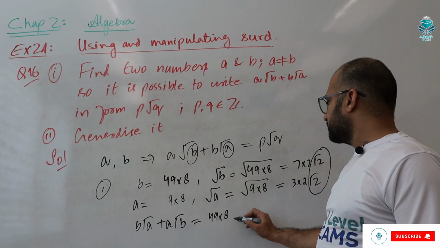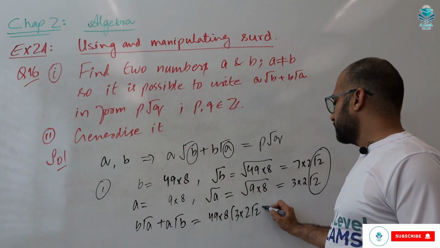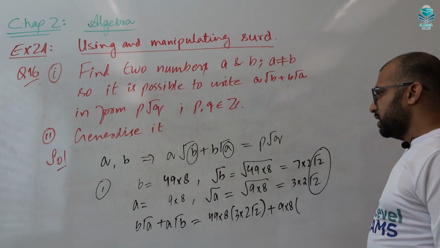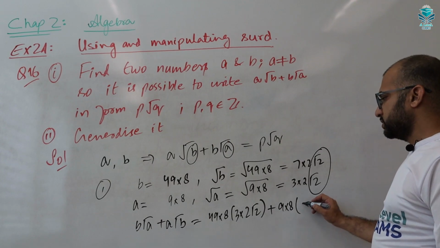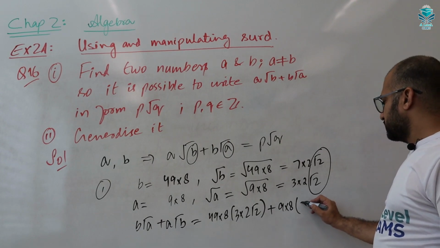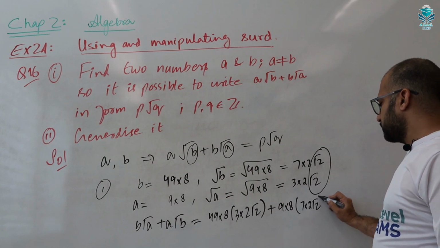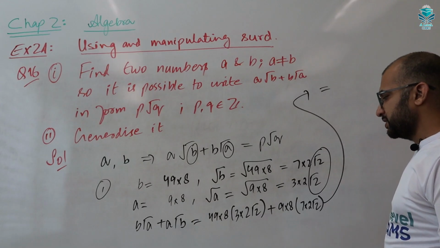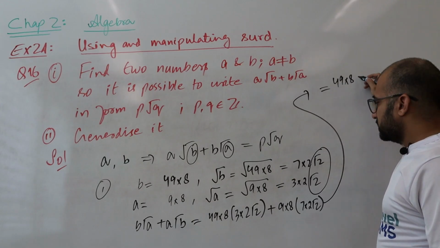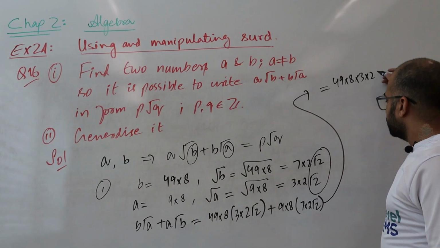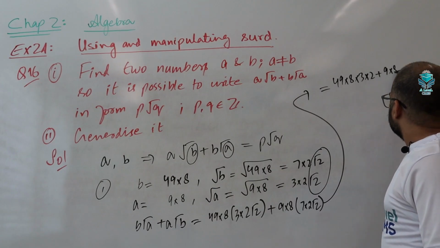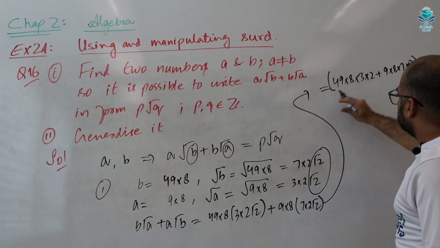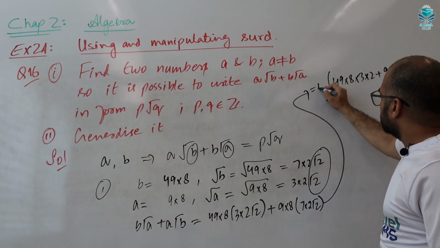If I write b square root a and a square root b, we get 49 into 8 times 3 into 2 square root 2, plus 9 into 8 times 7 into 2 square root 2, with the common square root 2.